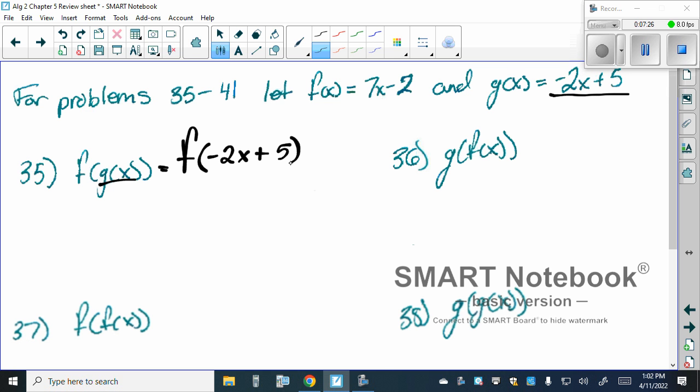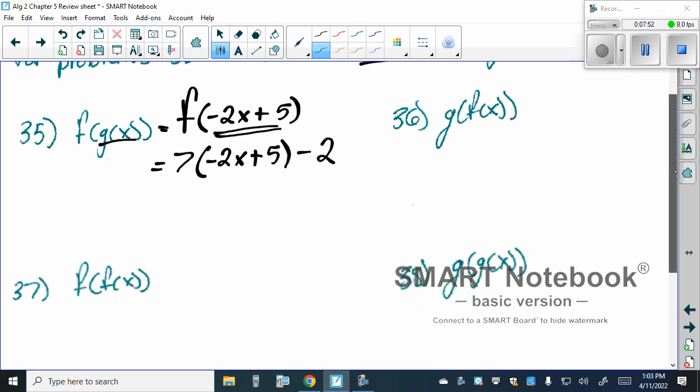Now f of x is 7x minus 2, but I don't have f of x anymore. I have f of negative 2x plus 5. So every place where there's an x in our f of x function, we're going to replace with negative 2x plus 5. So what that'll give us is 7 times negative 2x plus 5 minus 2.